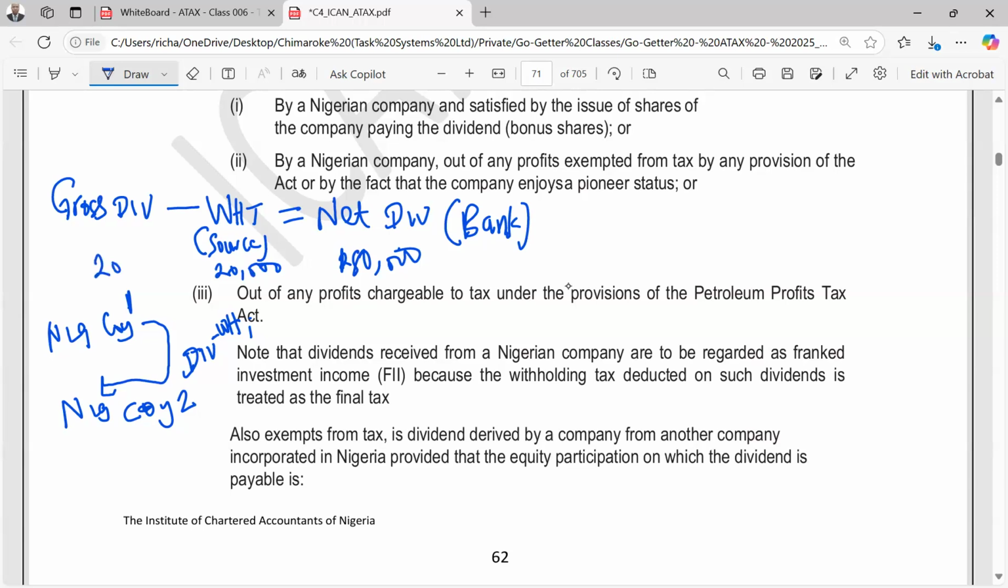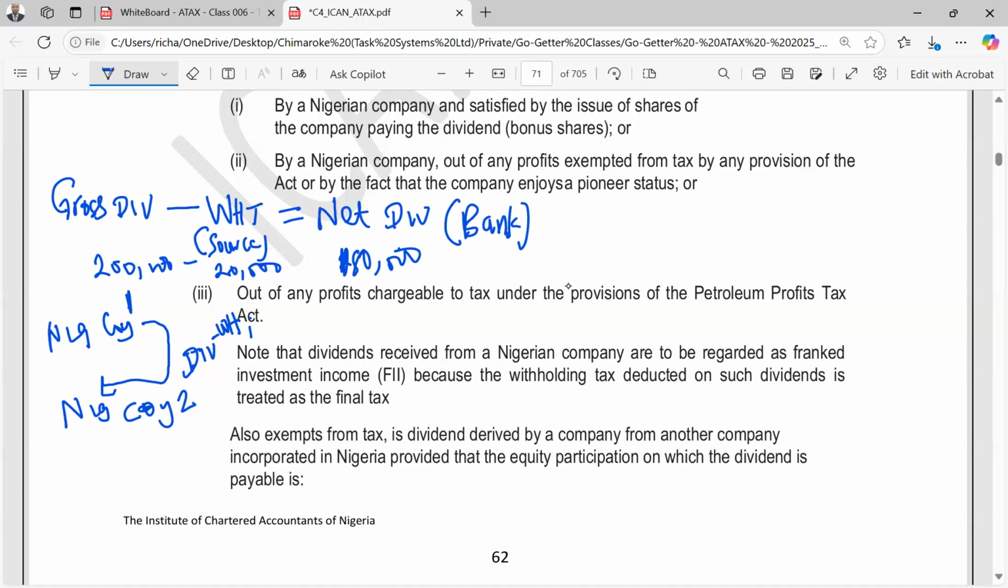That means your gross is 200,000. So they are supposed to pay you 200. They remove 20 and they pay you 180. Now the 180 is the net.